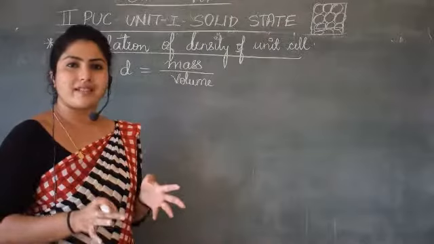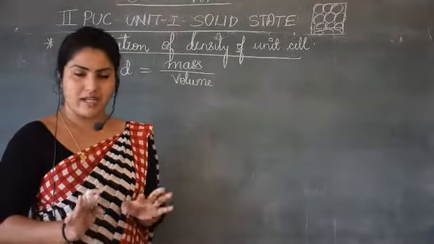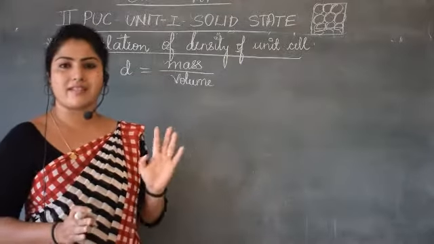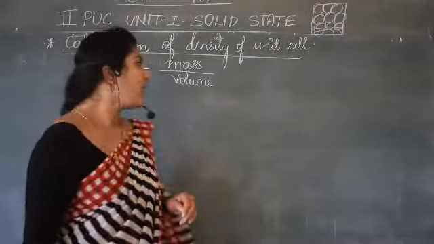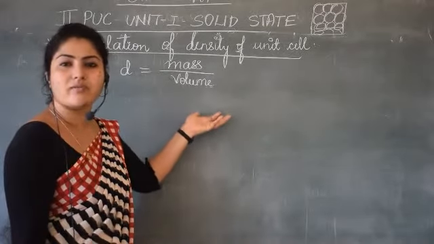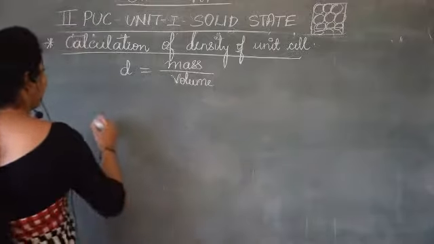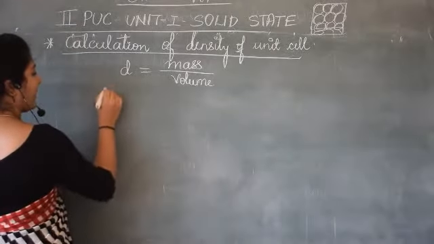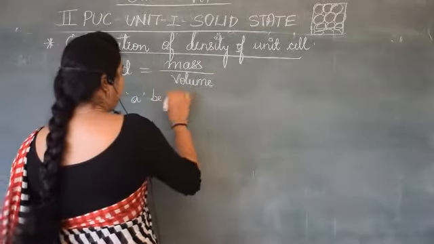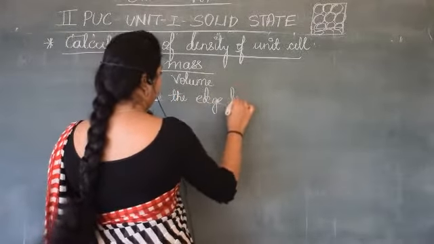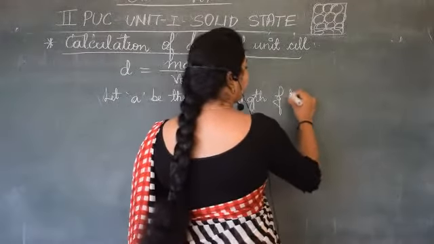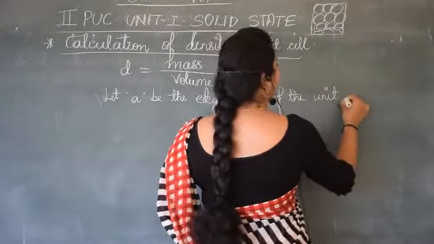So we know A is the edge length of the unit cell, right? What is the edge length of the unit cell? We say A is the edge length of the unit cell. Therefore, we got what is the volume there. What is the volume of the unit cell? A cube. Therefore, first, let A be the edge length of the unit cell.